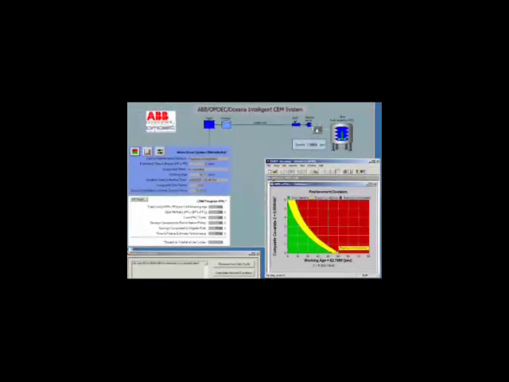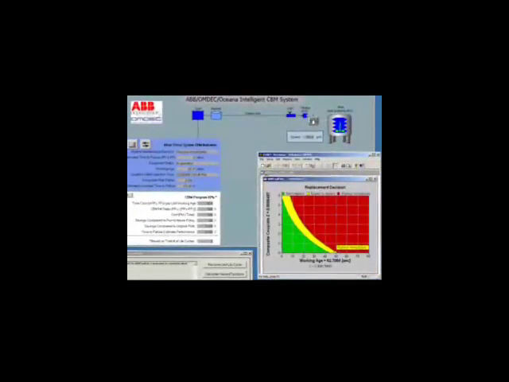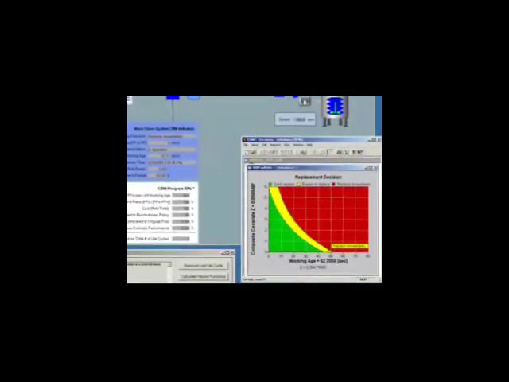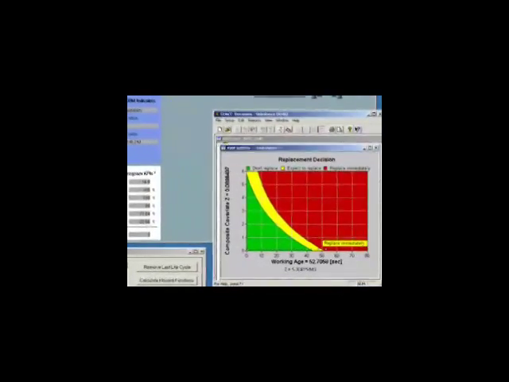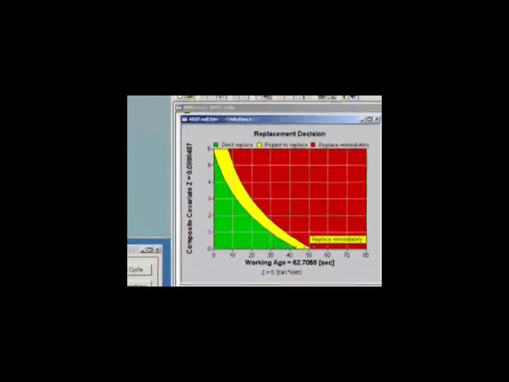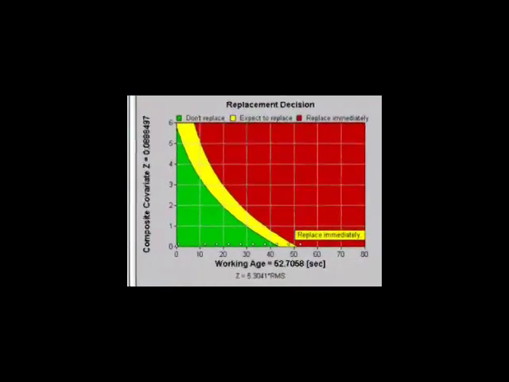The results were recorded by ABB's Asset Optimizer Workplace. The vertical axis on the green, yellow, and red graph quantifies the factors that influence the risk of failure. This CBM decision model balances risk so as to minimize the long-run cost of operating the asset.